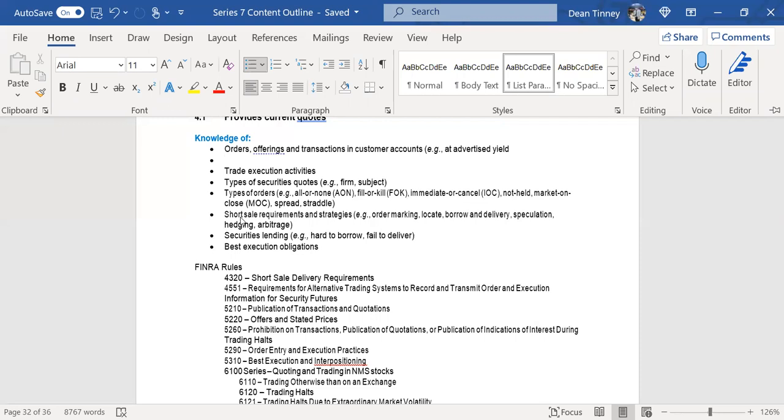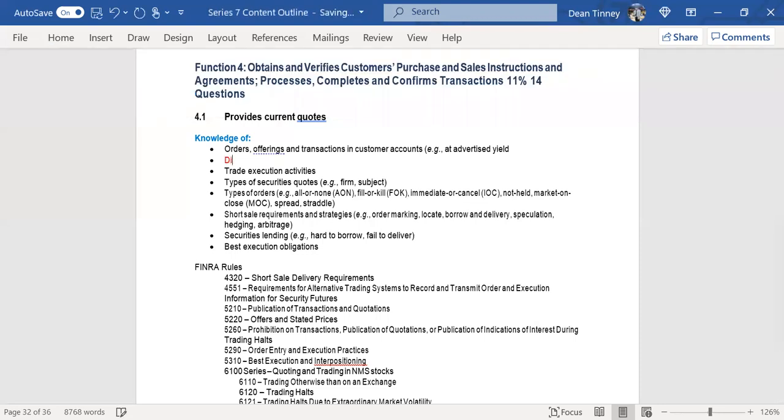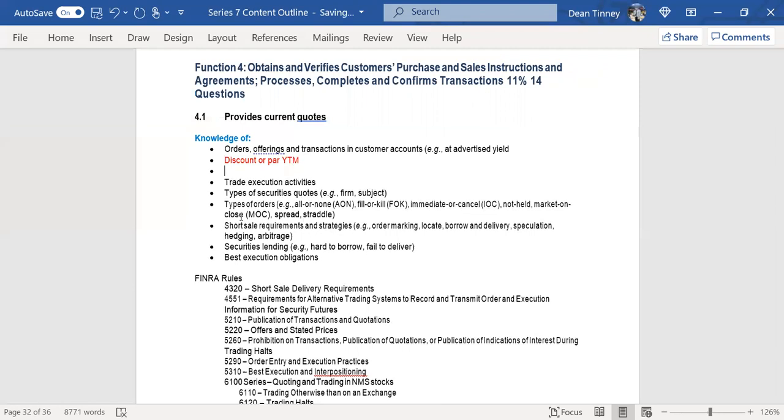If I'm showing you a bond and advertising a quote, like in an offering sheet of our inventory, if it's a discount or par bond, we're going to quote yield to maturity. And remember, if it's a premium bond, we're going to quote yield to call.